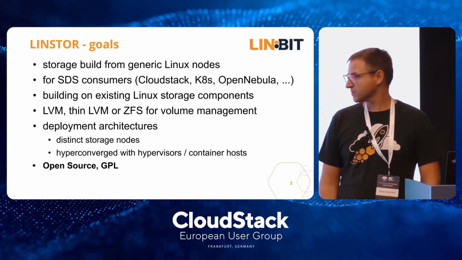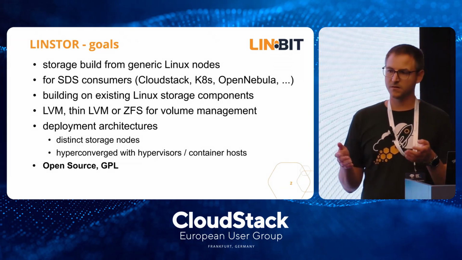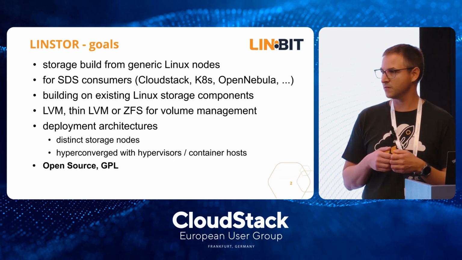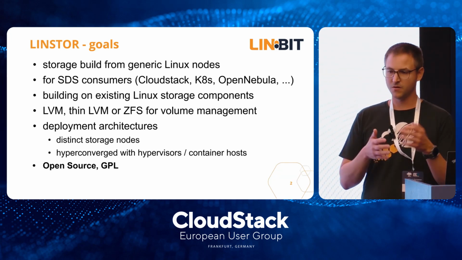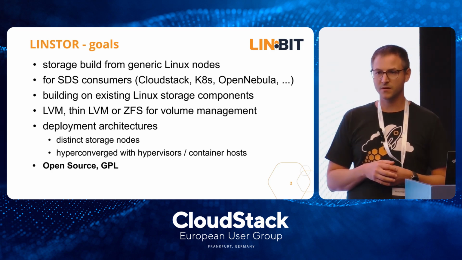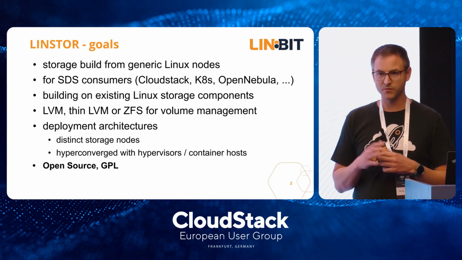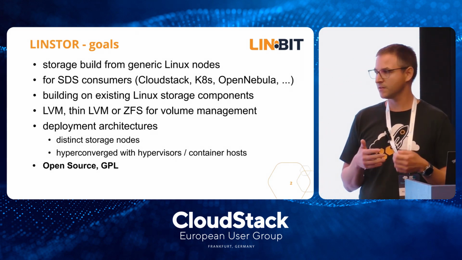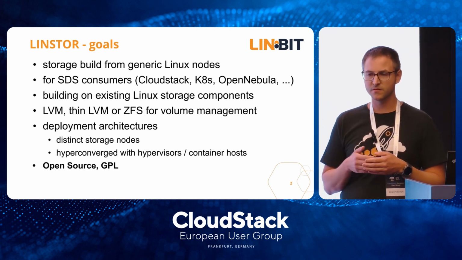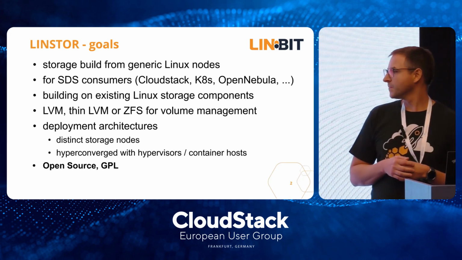Our deployment architectures are distinct storage nodes, so you have distinct hosts which are just there to provide lots of storage, like three storage nodes, and then you can have up to 100 host nodes which are running the VMs without any storage. This is called diskless mode, so every read and write is done over the network, and you don't need local storage for that.